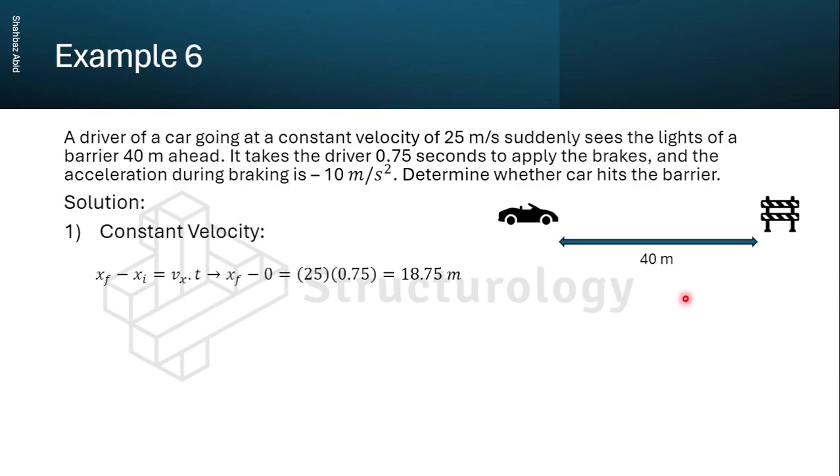The first step is going to be constant velocity, and the equation of motion for constant velocity is delta x, which is final position minus initial position, is equal to v sub x times t.